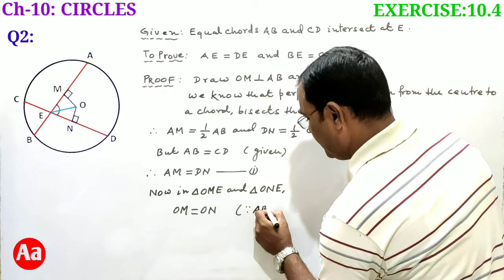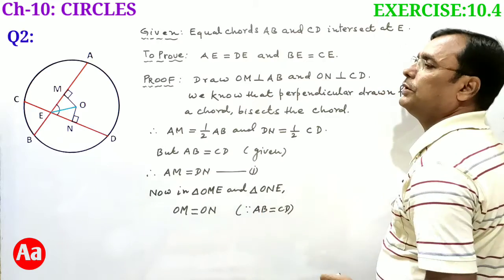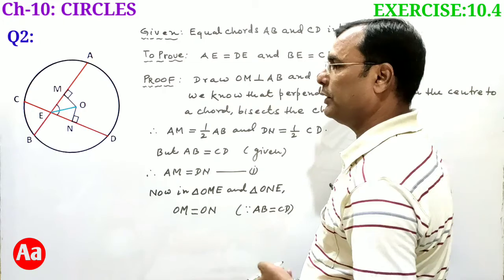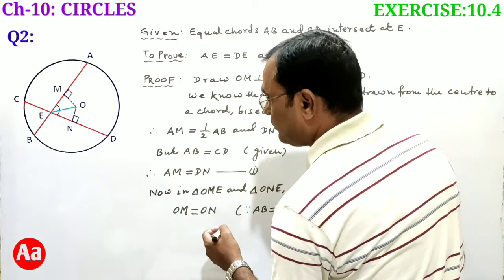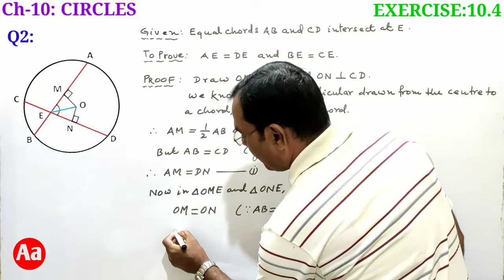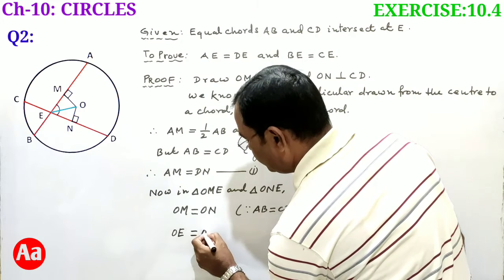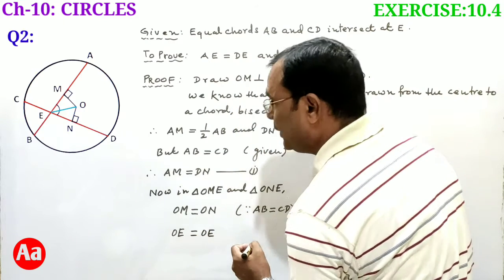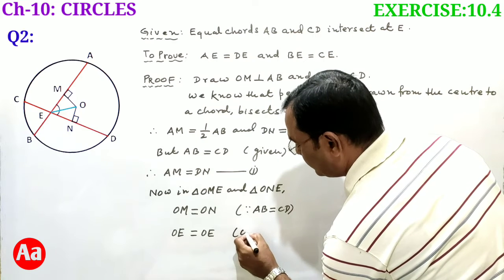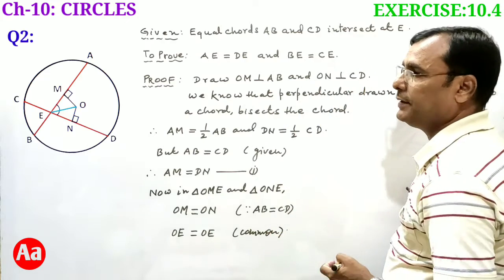So AB is equal to CD, two equal chords, so their distances from the center will be equal. So OM equal to ON. OE is equal to OE, common side.